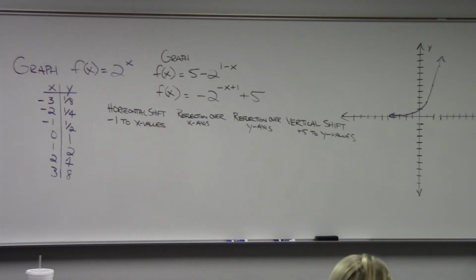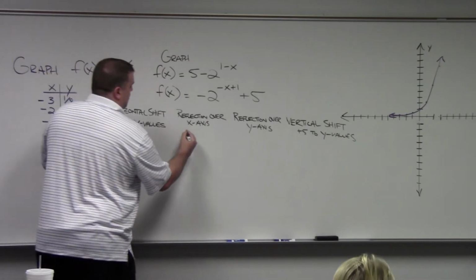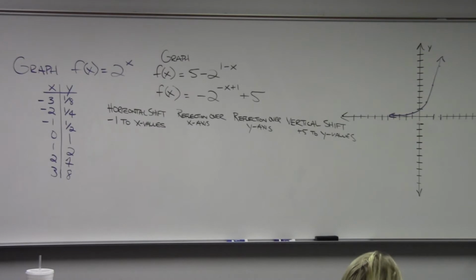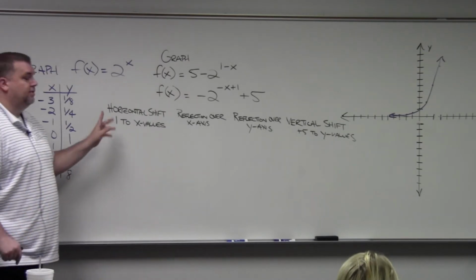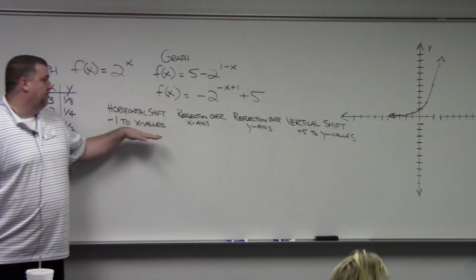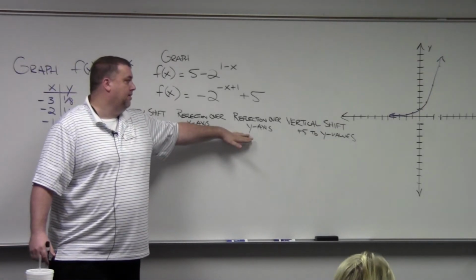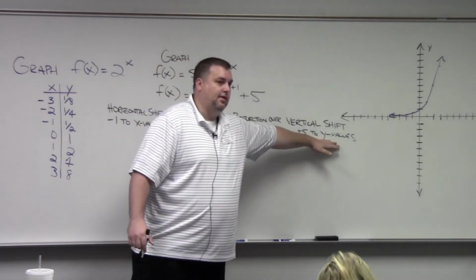For reflections over the x and y axis, is there a particular order? Yes. That's why I put them in this order. The horizontal shift, you need to do that first. Any reflections come second. Vertical shifts are at the end.